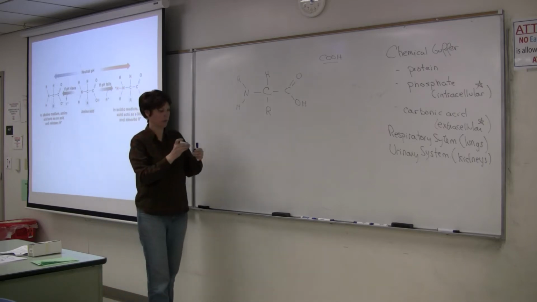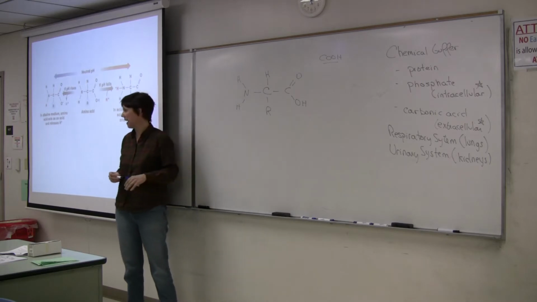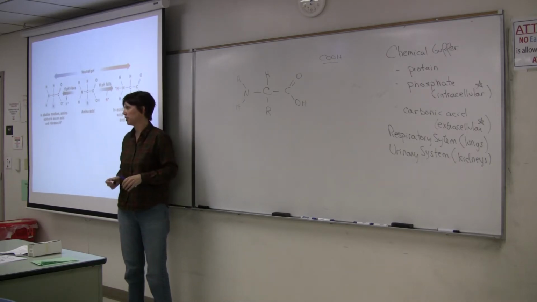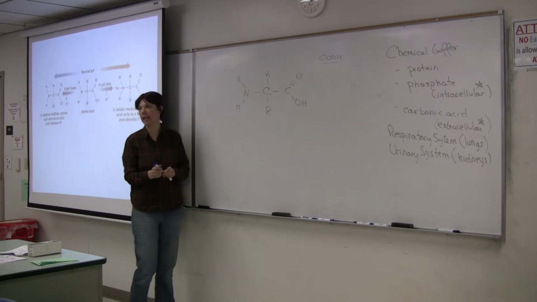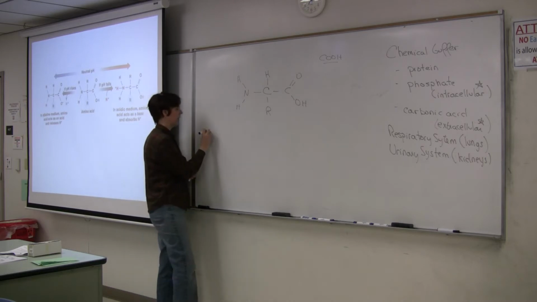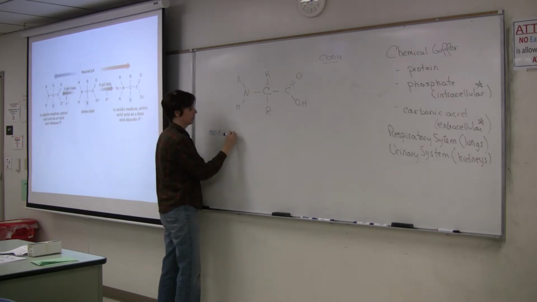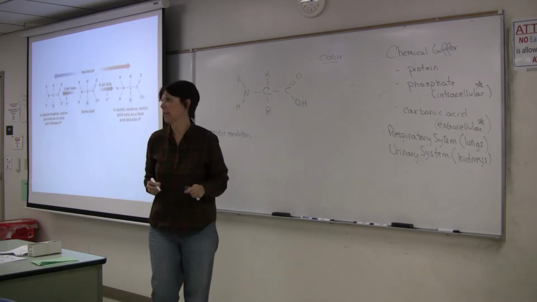Now, this would be a neutral pH for this particular amino acid. And each amino acid has a different pH at which it binds to and releases hydrogens. If we are in an acidic condition, what would be the response of a good buffer?